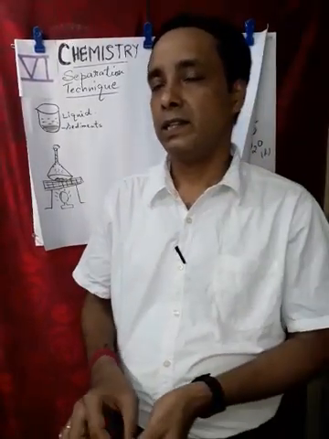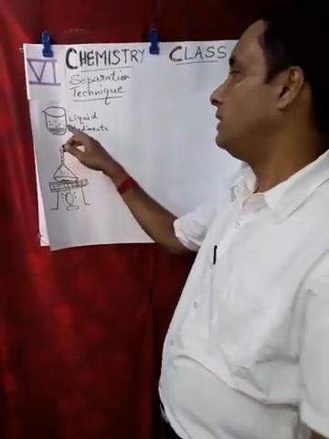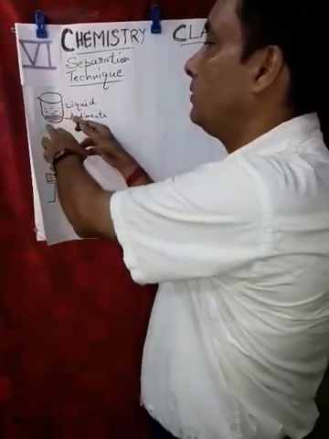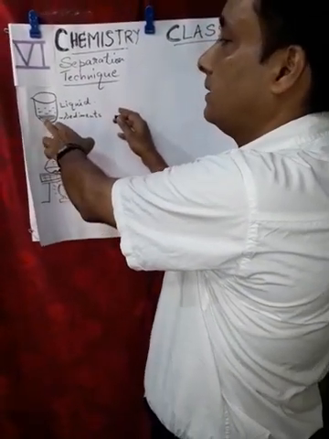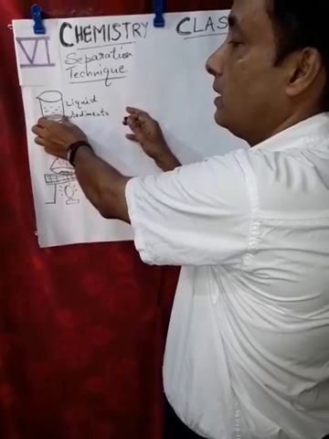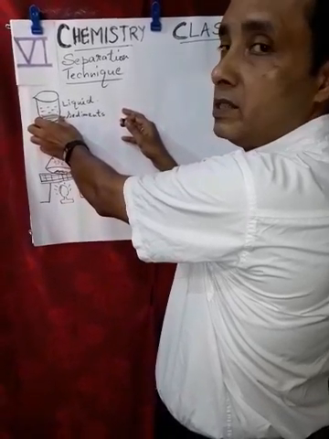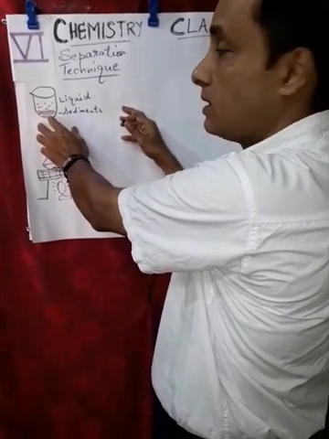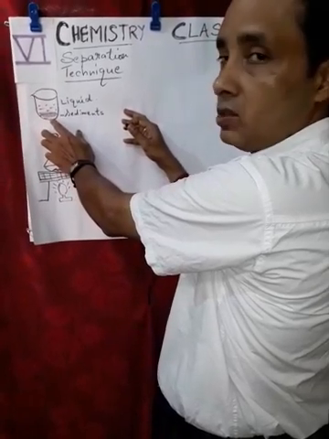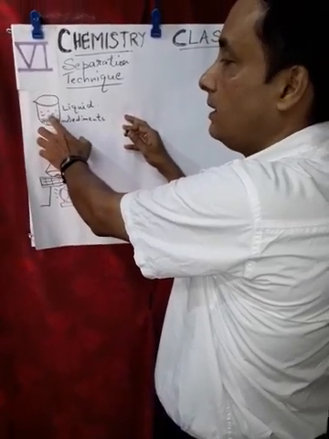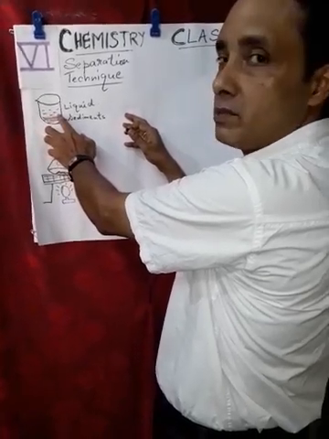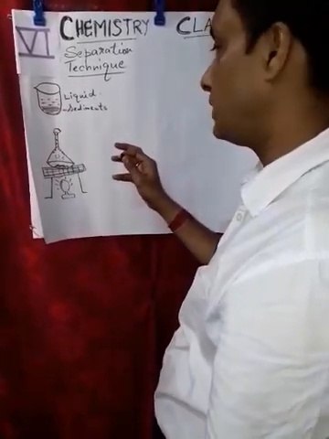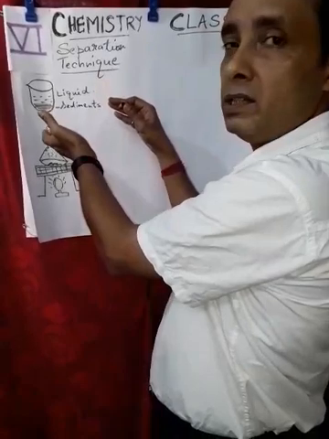If you leave a liquid container undisturbed for about 30 to 40 minutes, you will find the sediments in the solution get deposited at the bottom of the container, and the layer of liquid remains above the sediments. So this is one process by which we are able to separate the liquid from the sediments.